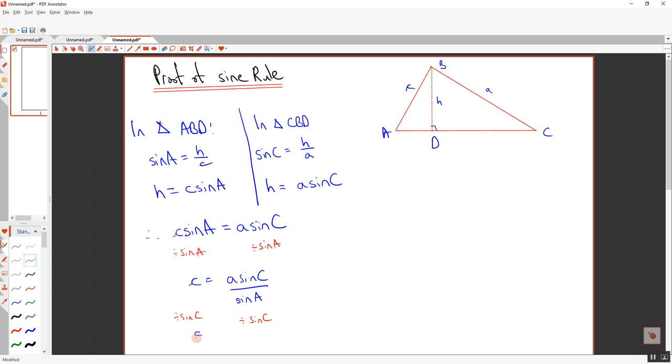So I end up getting little c divided by sine C is equal to A divided by sine A. Okay?